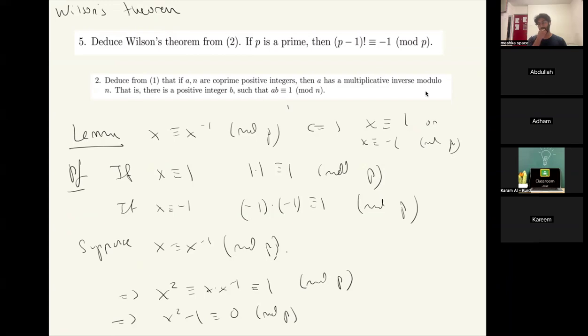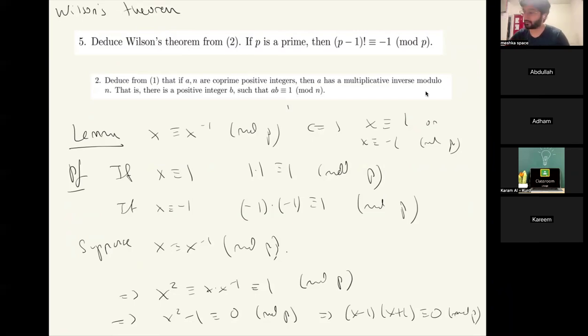We factor it, and then we have x minus 1 times x plus 1 is congruent to 0 mod p. But are we done? Can we just say x is 1 or minus 1? We know that x is less than p, so that's why we can say not just congruent but equal.